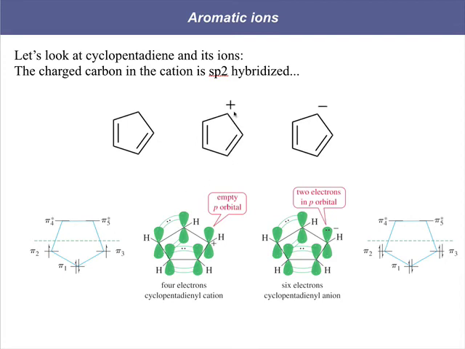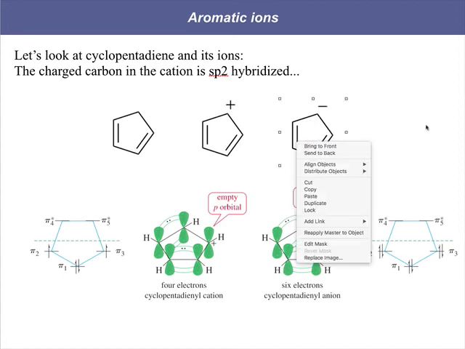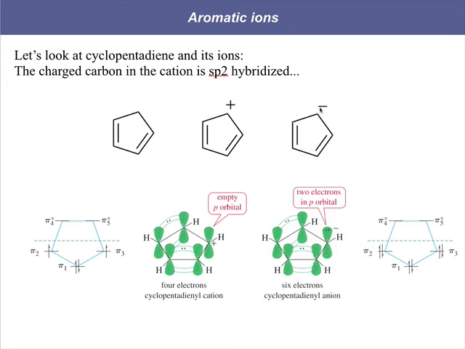With the cation, we only have 4 electrons. So we end up with an unpaired system. It's going to be anti-aromatic. For the anion, we've got 6 electrons in our system. The 4 from the double bonds plus the 2 in the lone pair. So going from the cation to the anion, we add 2 electrons to our system. That gives us 6 electrons. So that would be aromatic.